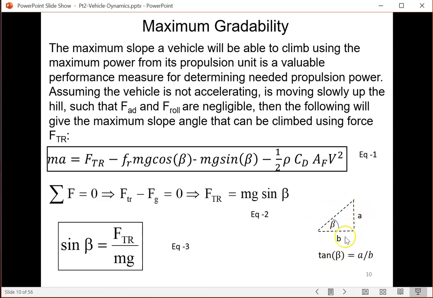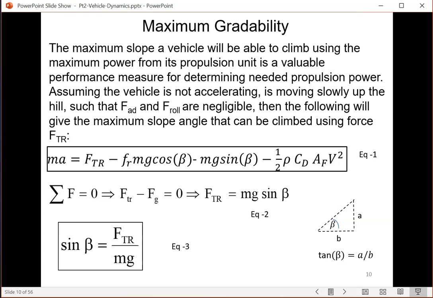If you look at the triangle on the right-hand side, 1 in 20 means going up by 1 meter, so A equals 1, when the distance moved is 20, so B equals 20. This is the horizontal distance, not the distance along the gradient. So it's vertically going up by 1, horizontally going across by 20.